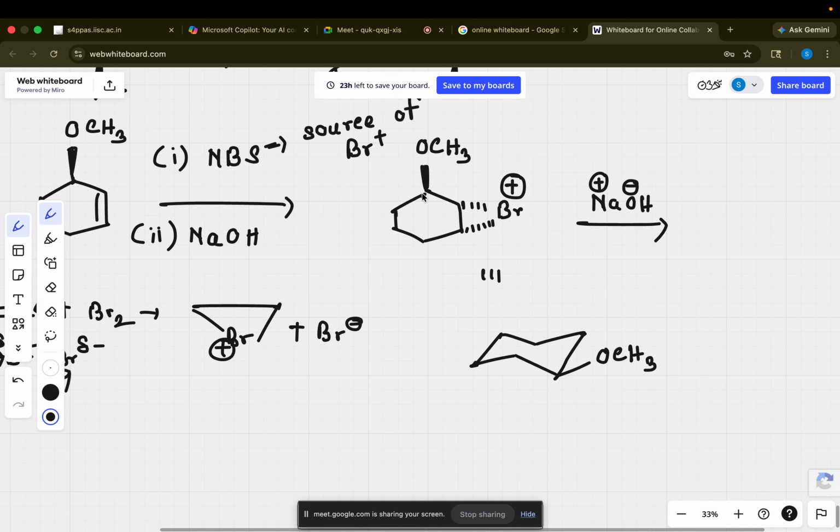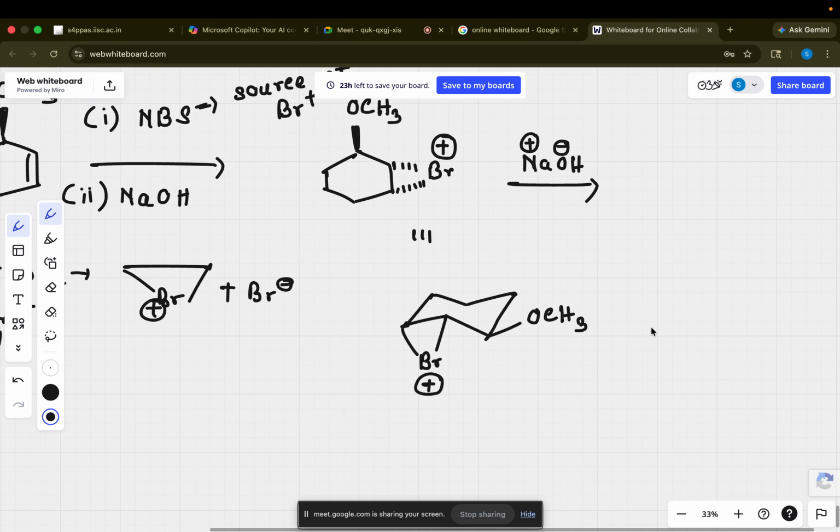Whatever is above the plane, try to place in the equatorial position, not in the axial position. So if you put OCH3 here, next carbon you have this 3-membered ring, and that is below the plane, like this. So that is the compound you have.